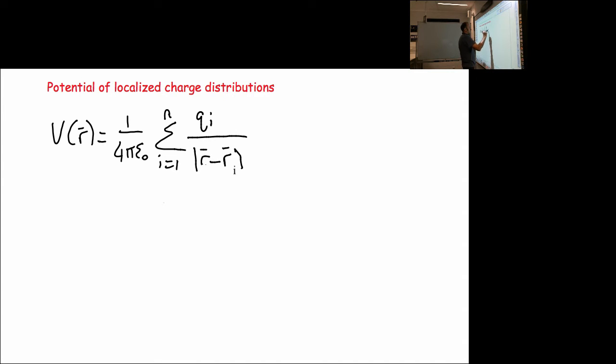Of course this is ri. So basically we just add them all up. Now what happens if we have a continuous distribution? What's the potential due to that?